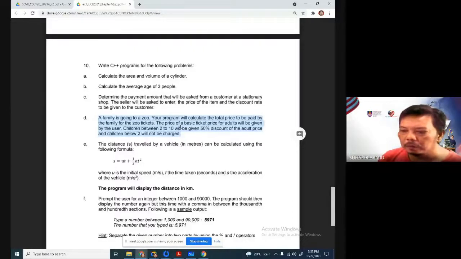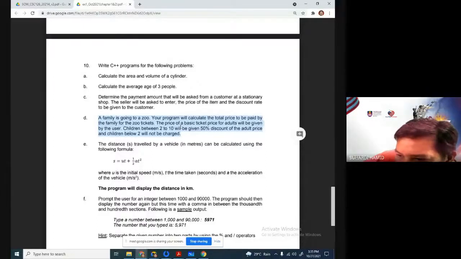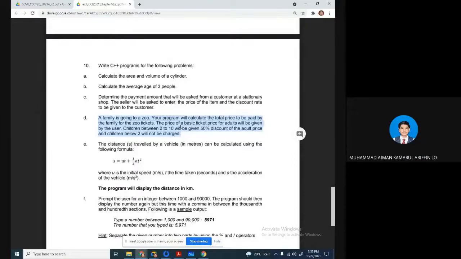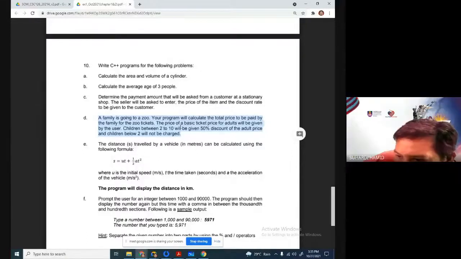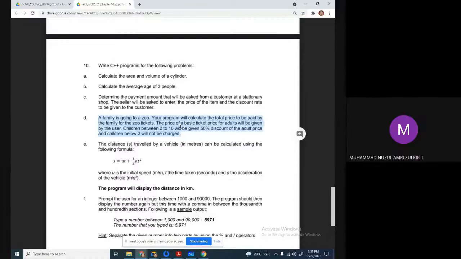So the program should expect how many inputs? 1, 2, 3, 4.